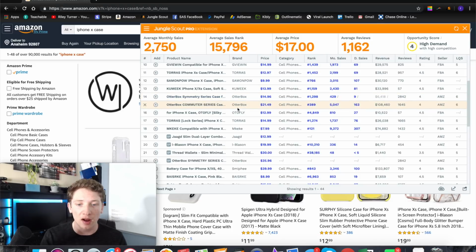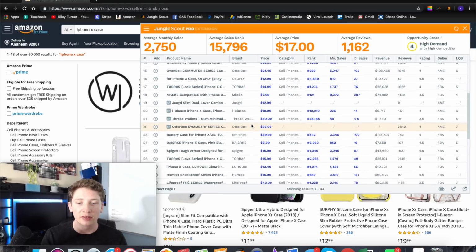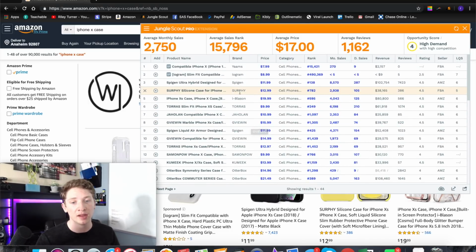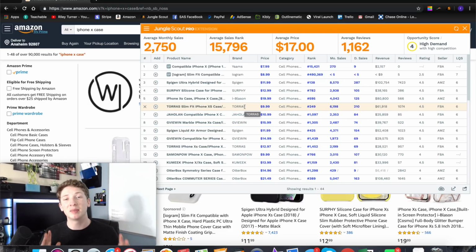No, we have OtterBox twice. So it looks like we don't have a whole lot of duplicates, but if we did, which it happens quite often, if you see, let's say GiveWin here, here, here, here, and here, then that's probably going to be a sign that you should stay away from that product because it looks like that company, that brand is really dominating that product or market.